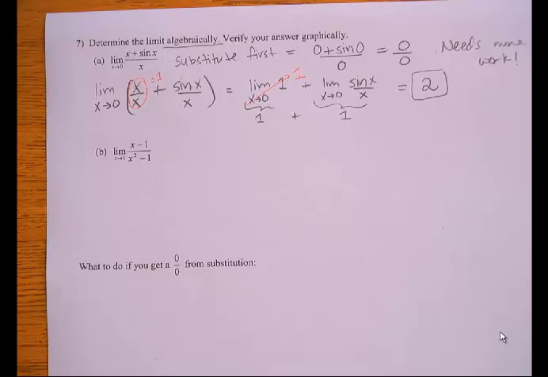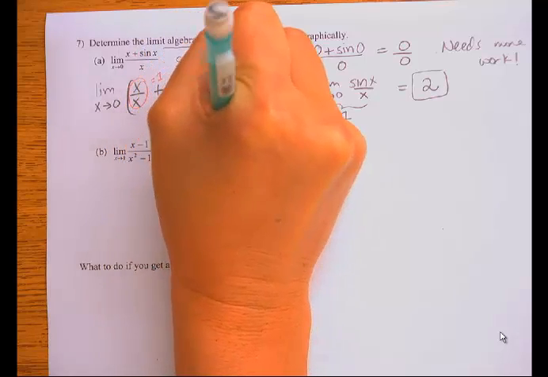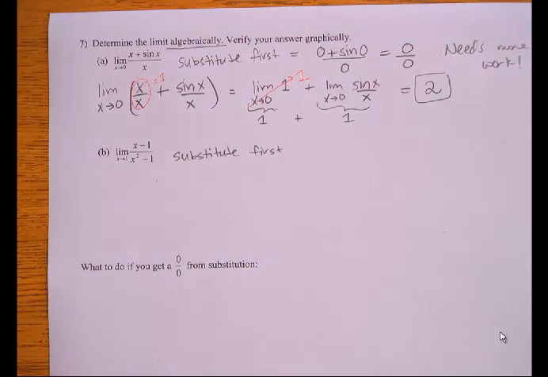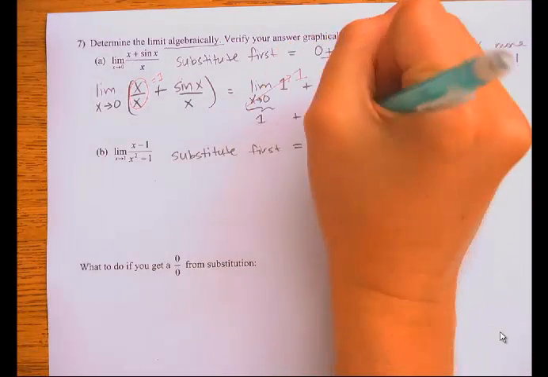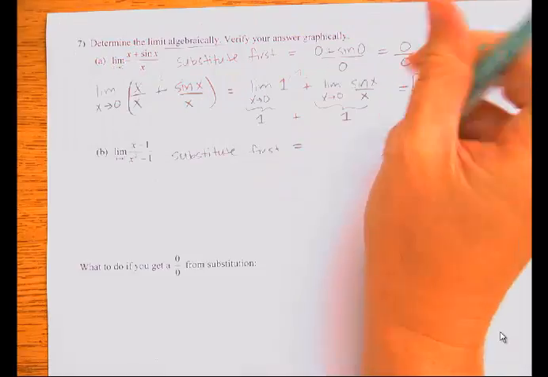Okay, part B is, I just threw it in here. It doesn't use the special limit we just learned, but it is a unique case in that if I tried to substitute first, and especially this one I would want to substitute first because it's polynomial divided by a polynomial. It's rational. So if it's rational, then as long as the denominator is not 0, I can just find the answer by substituting.